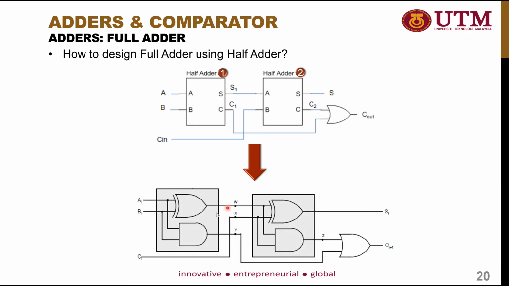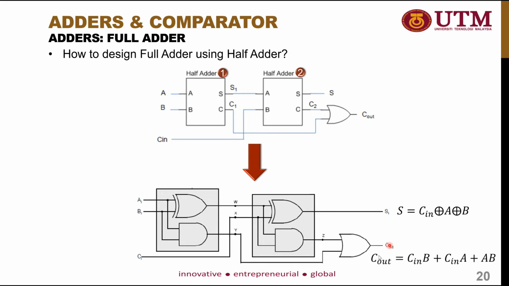This is what we can see inside the half adder, which is an XOR gate and also an AND gate. When we combine all together, you can get the expression of S equals Cin XOR A XOR B, which is similar to the expression that we get from the full adder.